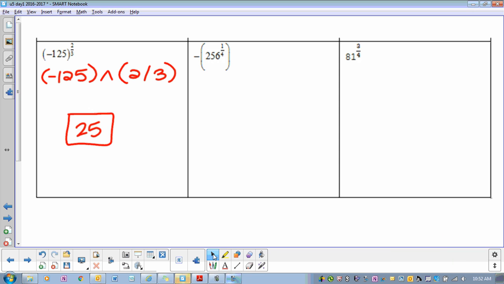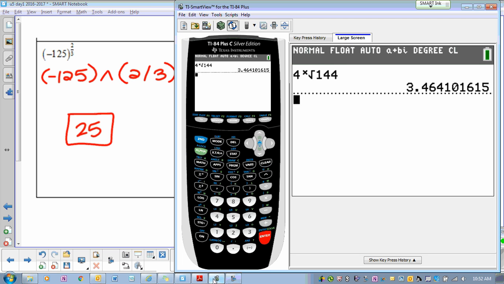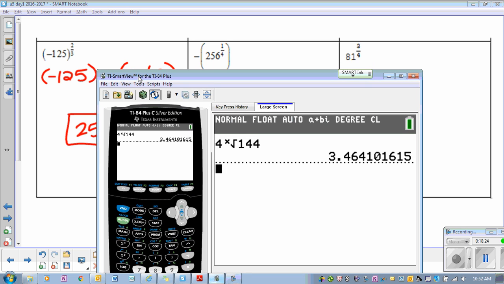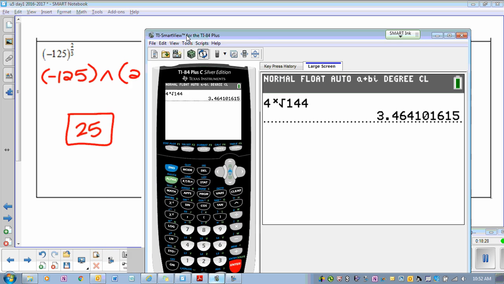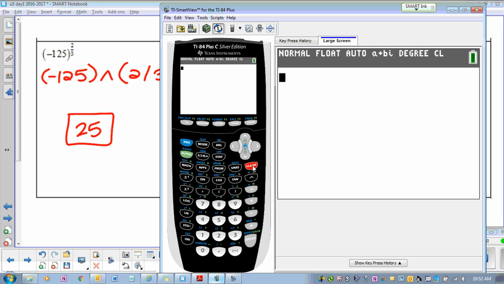Next one's a little bit trickier. All right, let's try the next one. You know, this next one is a little bit weird. So I want to make sure that I put this in exactly the way I see it. So the negative is on the outside of the parentheses, right? So I'm going to put negative, and I'm going to put parentheses. 256.